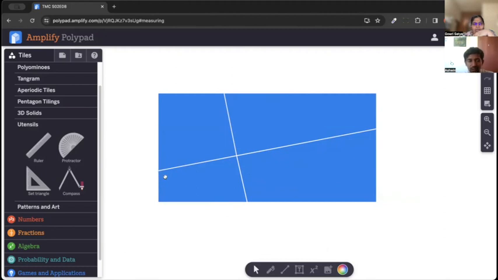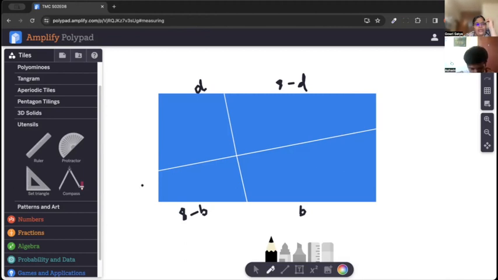So on the top, say you label the segments as D, and the other part would be 8 minus D. So the bottom part would be, write it as 8 minus B and B. And here you just put it as C. And above, keep it as A and 5 minus C.